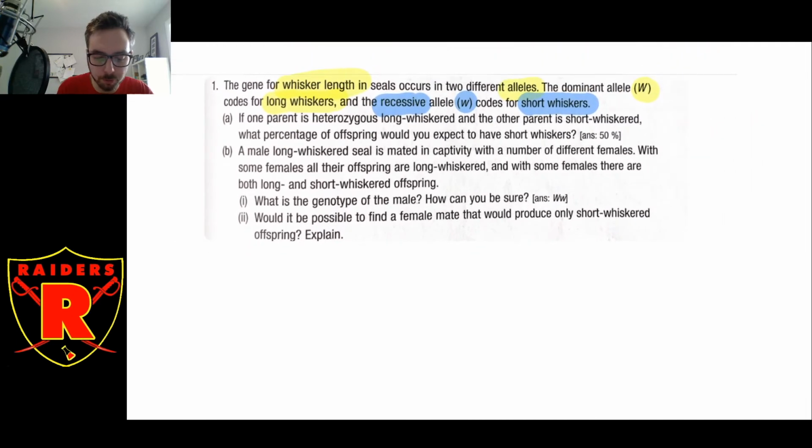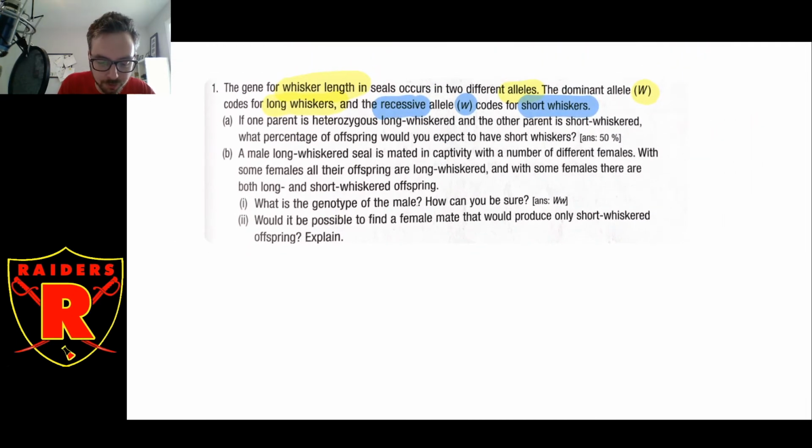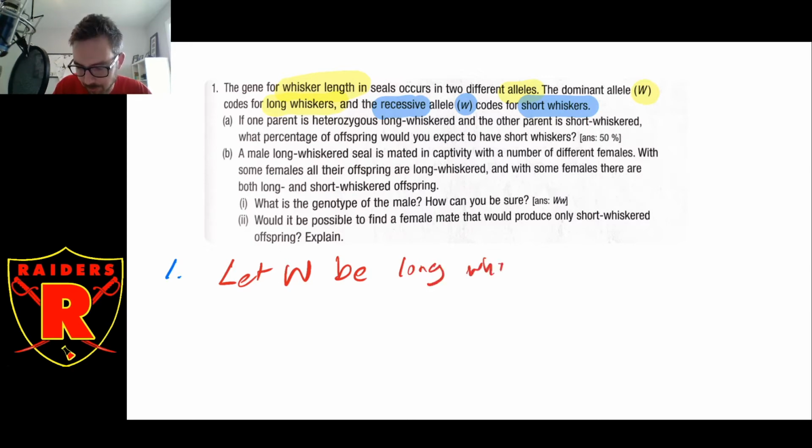So when we solve this problem, step one is always going to be to define your let statements. So our let statements here are going to be: let big W be long whiskers, and that codes for dominant because it's capital W. By the way, W's are not great letters to use for this, so textbook right out of the gate not doing a great job.